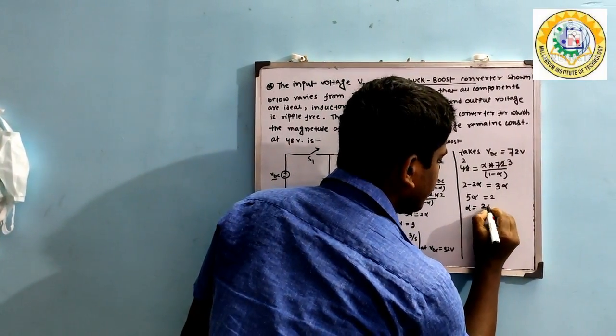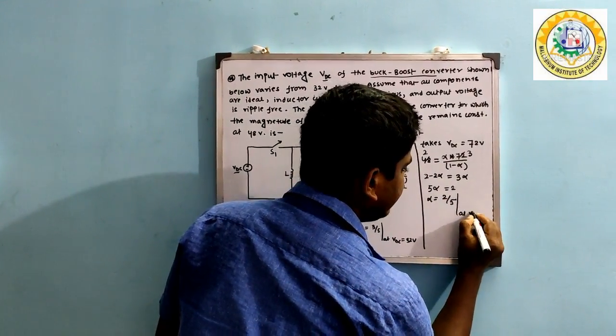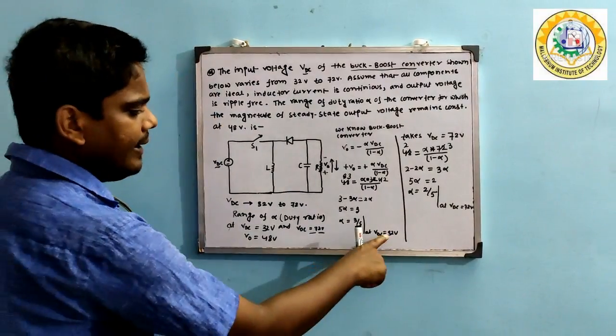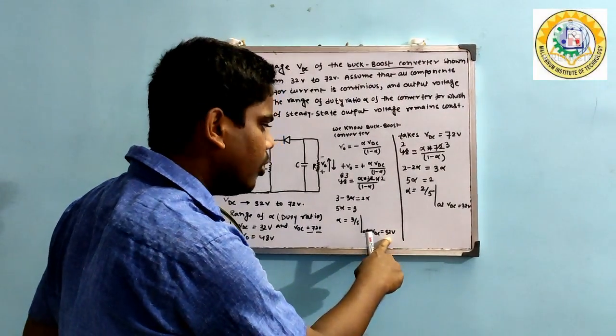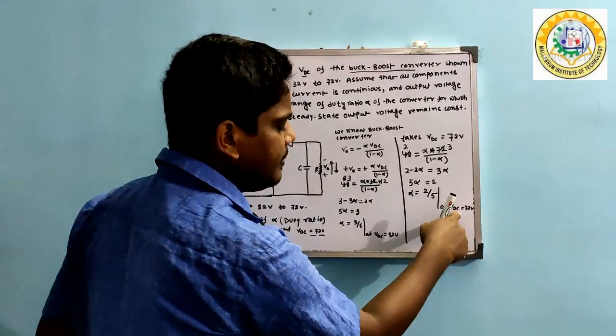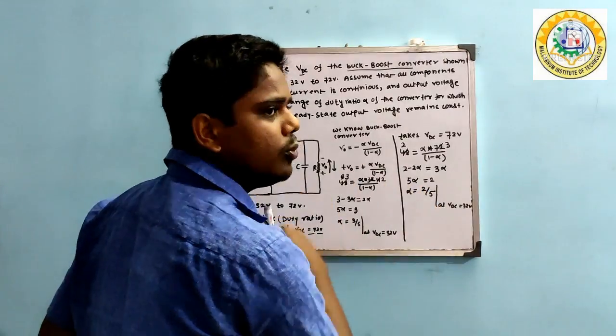Alpha equals 2 by 5 at VDC equal to 72 volt. So when VDC equals 32 volt, alpha is 3 by 5, and when VDC equals 72 volt, alpha is 2 by 5.